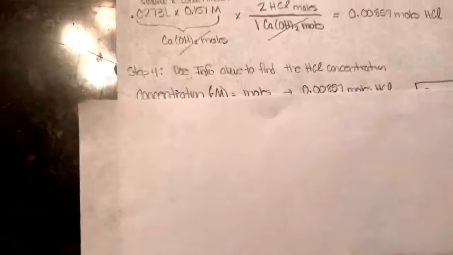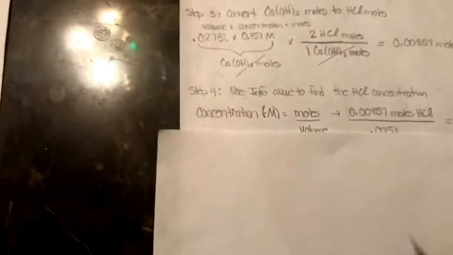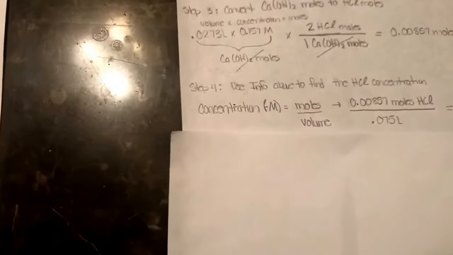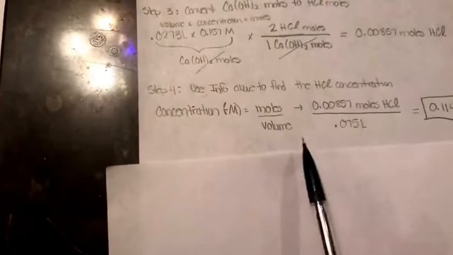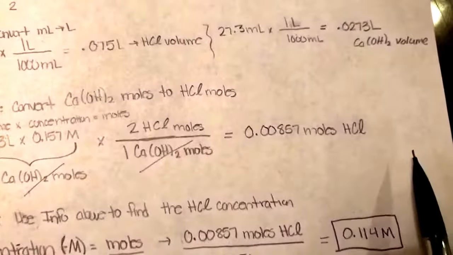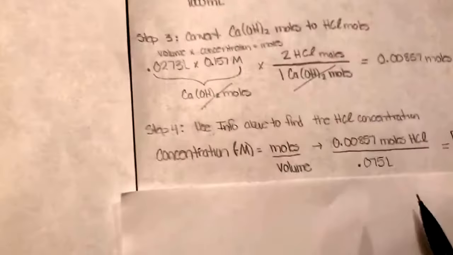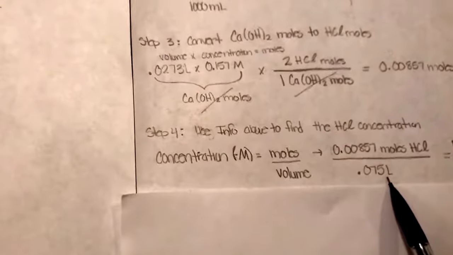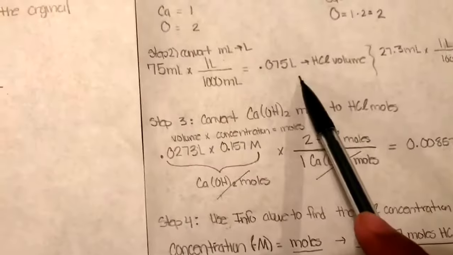The final step is to use the information above to find the HCl concentration. We know that the concentration equals moles divided by volume. We know the moles of HCl from the information above, which is 0.00857 moles, and the problem tells us that the volume of HCl is 75 milliliters, but then we convert it to liters.